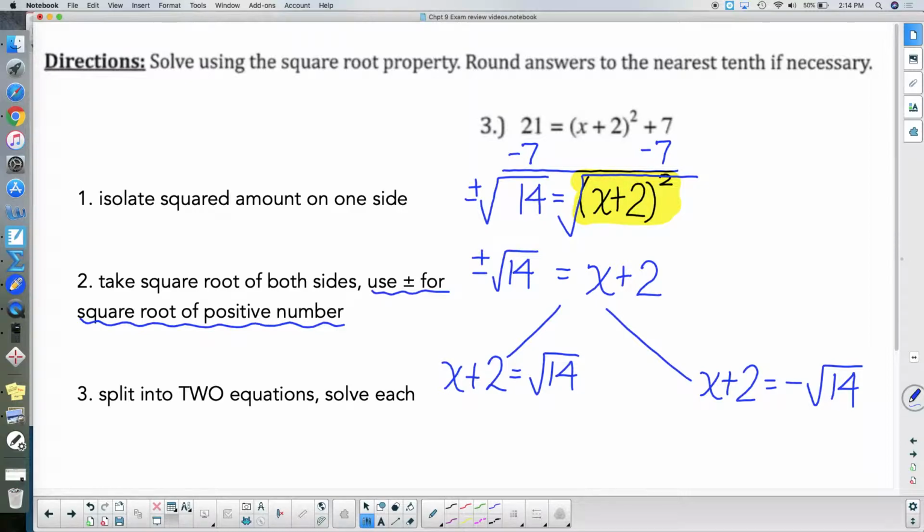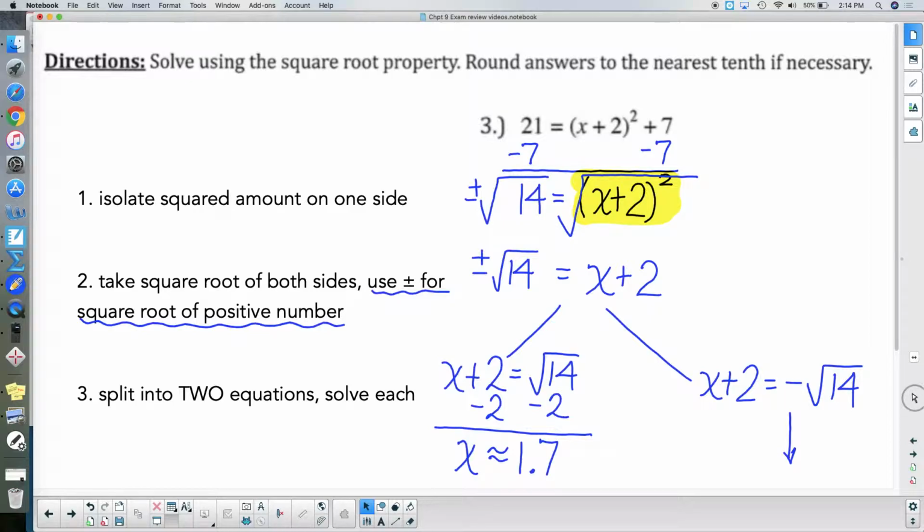So this would be the time then to solve those two separately, going to my calculator and getting a decimal value. So for this one, when I take the square root of 14 and subtract 2, I should come in around 1.7. And you need to take this last one and finish solving that and get the value that comes to. So pause the video, finish the ones in that set using these 3 steps, and then come back.